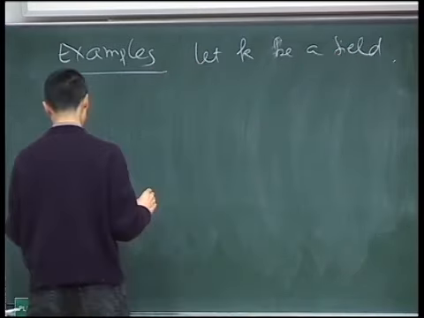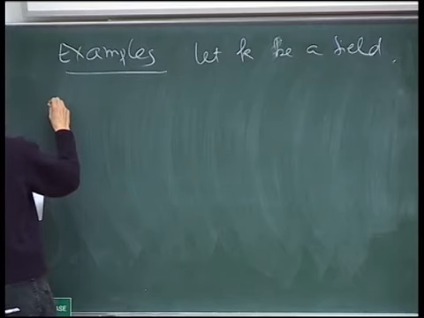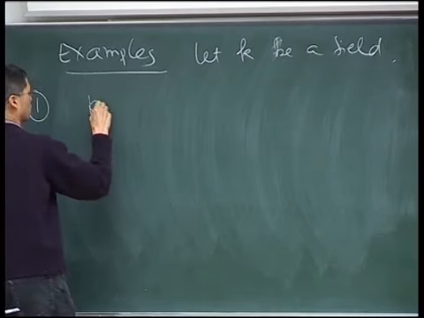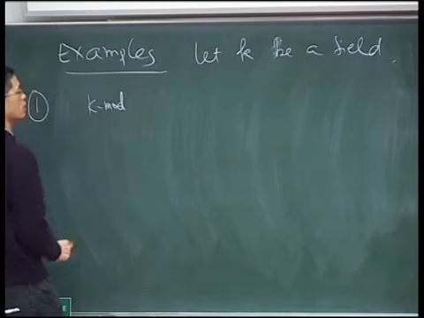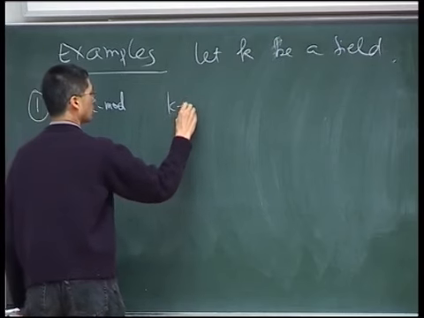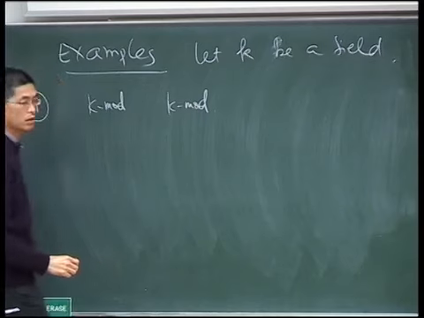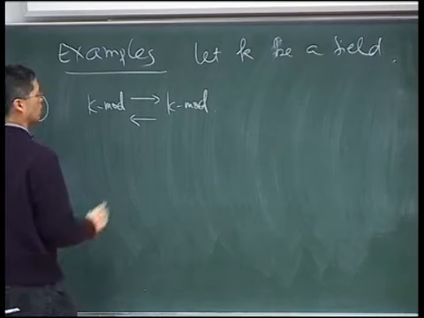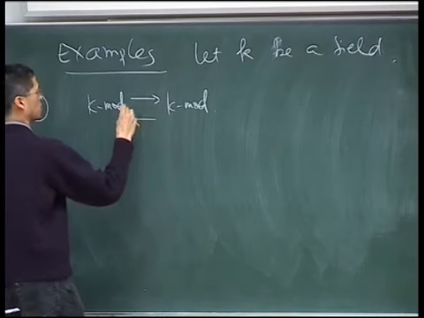Okay, and in the first example, I'm going to take the category of finite dimensional vector spaces over the field. I'm going to take 2 copies of it. Okay, and then just consider the identity functor in both directions.